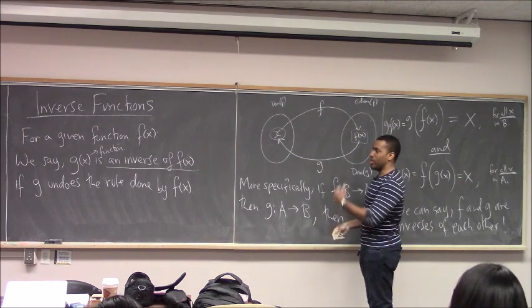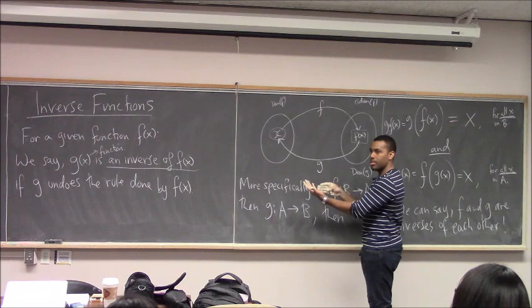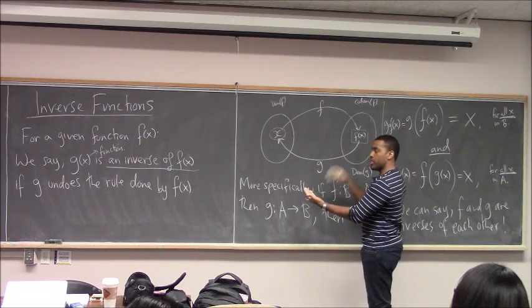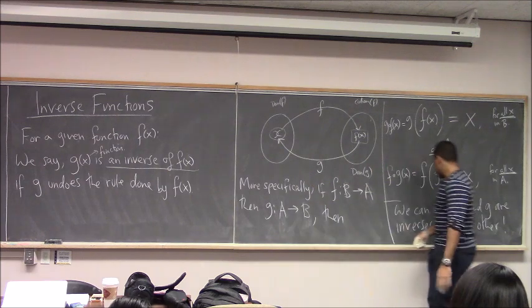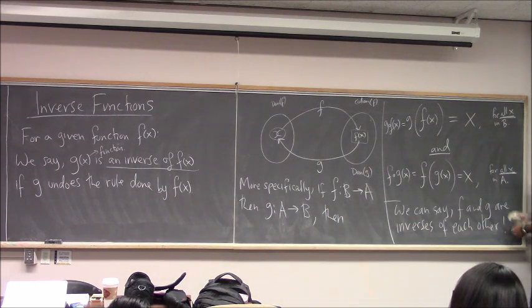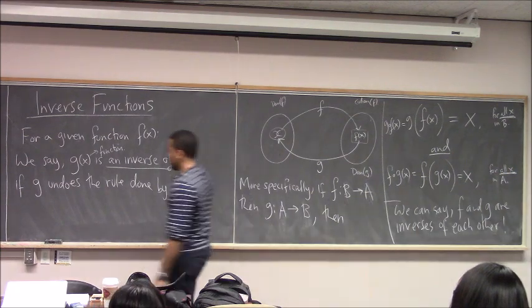So once you know this guy's an inverse of that guy, the relationship is reflexive, right? If g is an inverse of f, it automatically means that f is also an inverse of g. And so we might use the phrase they're inverses of each other. Once they can go in both directions, we say they're inverses.